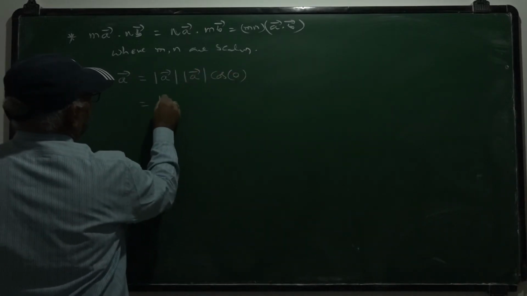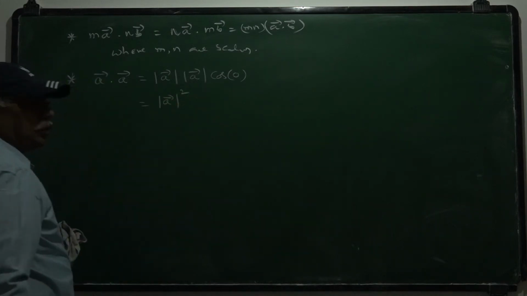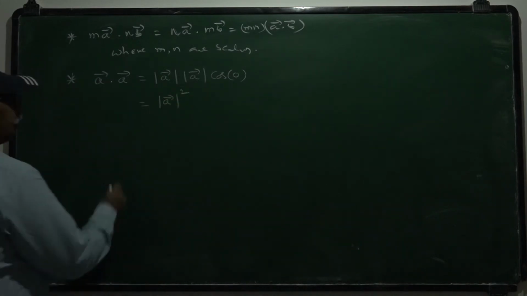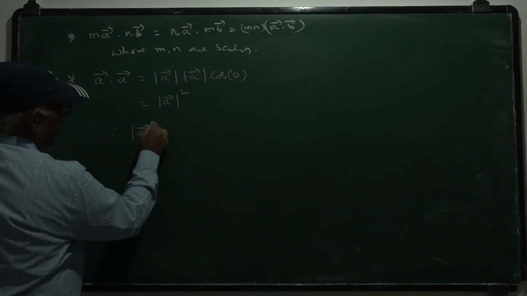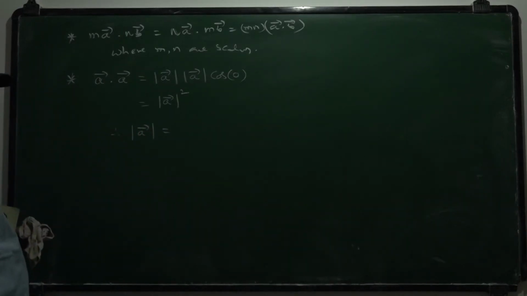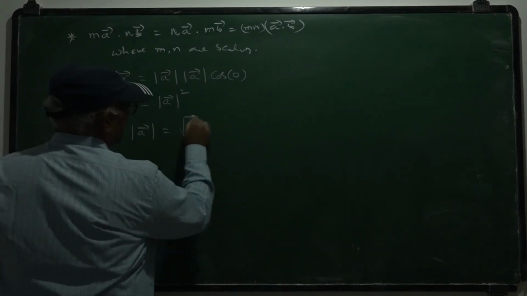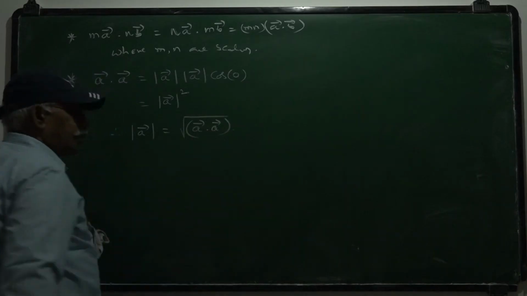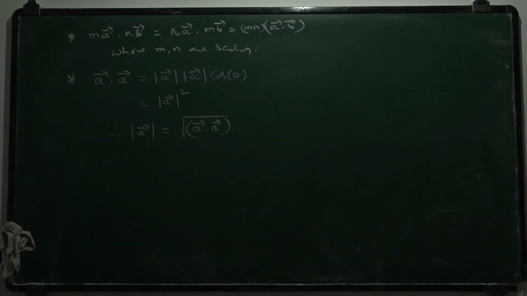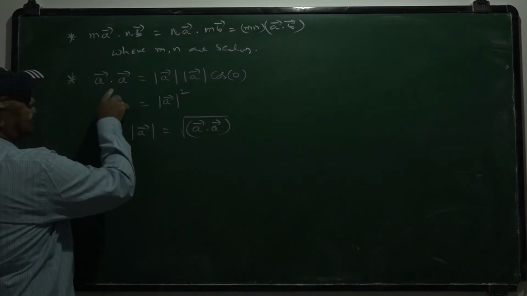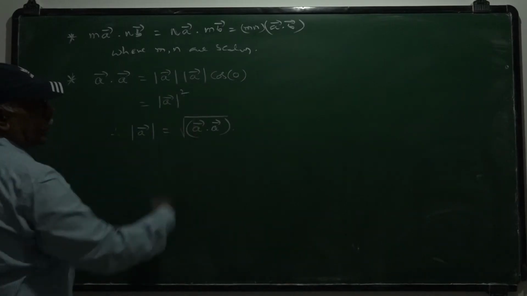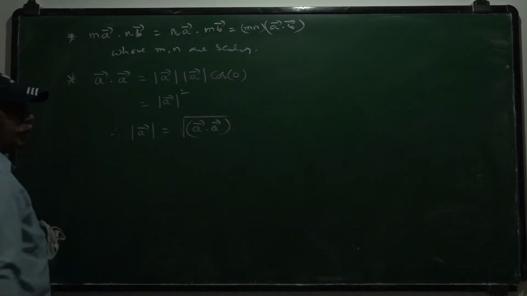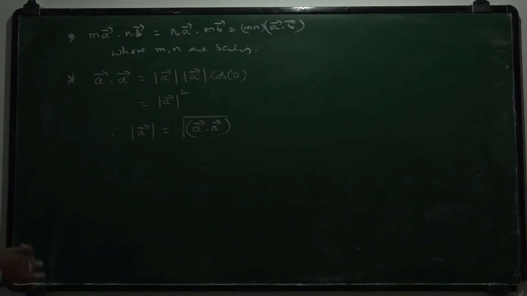Since cos 0 is 1, this is equal to mod A bar square. So modulus of A bar is obtained by the positive square root of A bar dot A bar itself. So the dot product of any vector with itself gives us the square of its magnitude. That is also one important point.